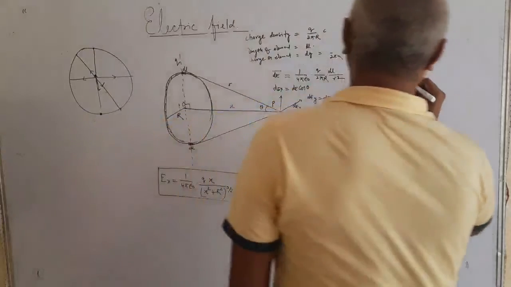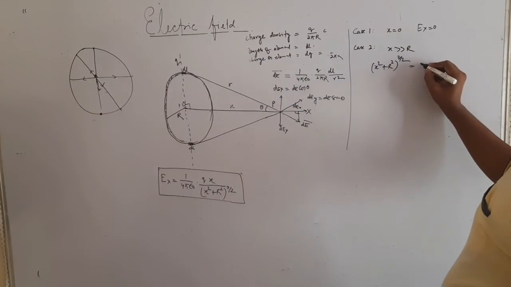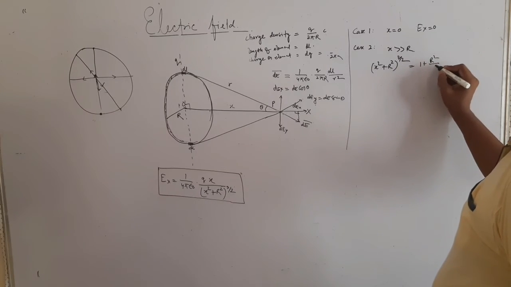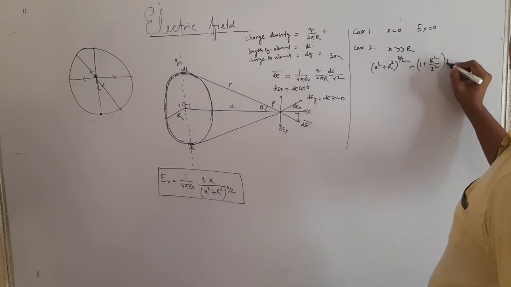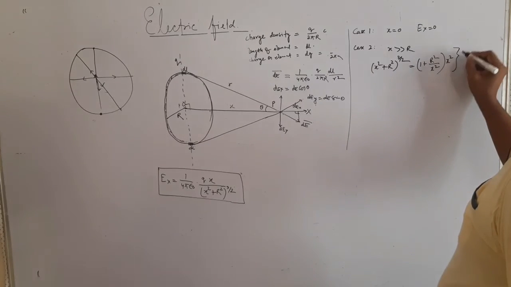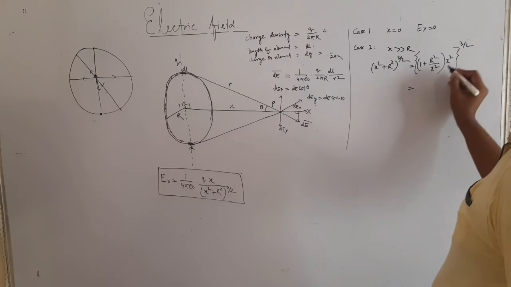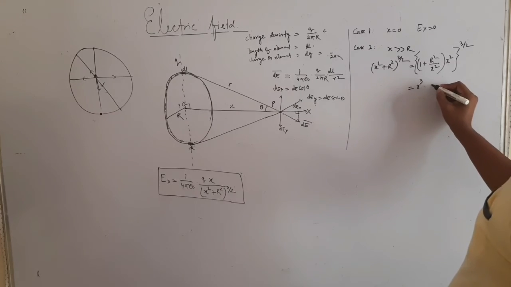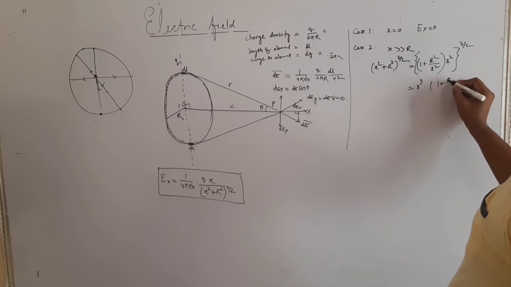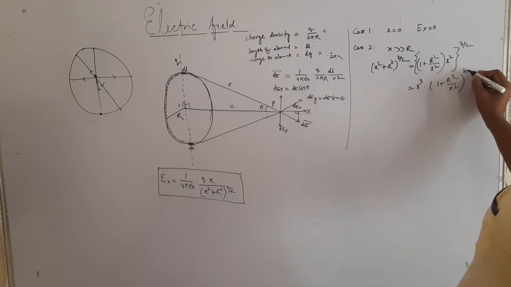If I take x common, so 1 plus R square upon x square, and this is x square which I have taken common, to the power 3 by 2. So x square to the power 3 by 2 will become x cube, and this will become 1 plus R square over x square to the power 3 by 2.